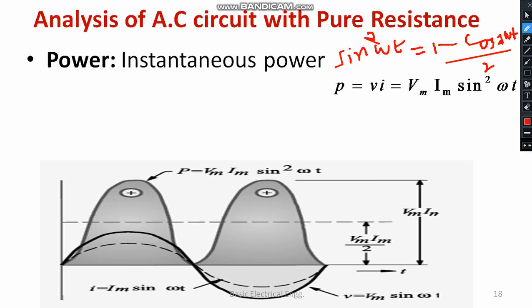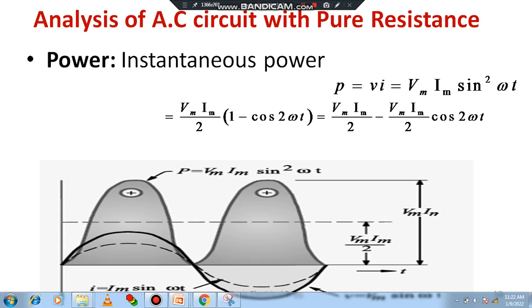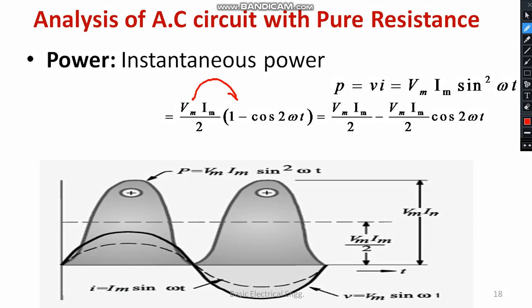So when modified, it is Vm Im into (1 minus cos 2 omega t) by 2. The 2 can be taken together because it is a constant term. Split it up using the distributive law: Vm Im by 2 into 1 minus Vm Im by 2 into cos 2 omega t.